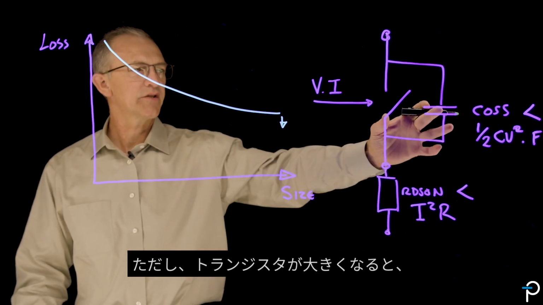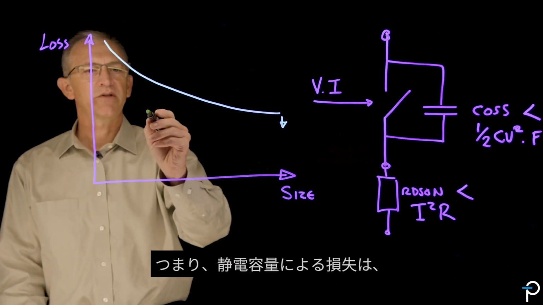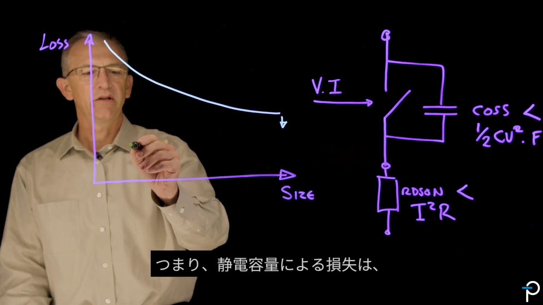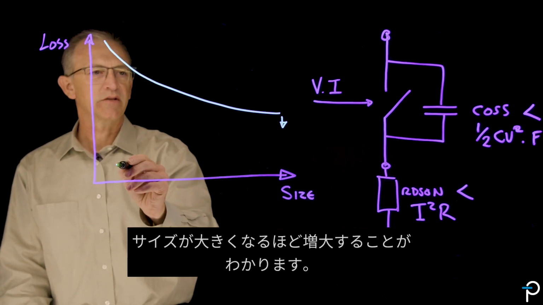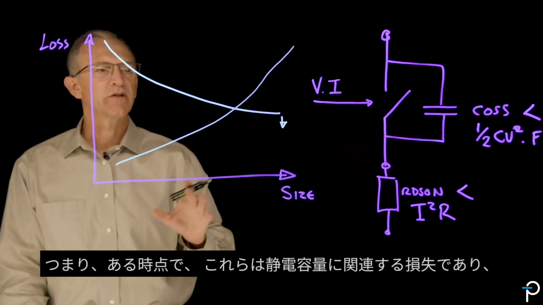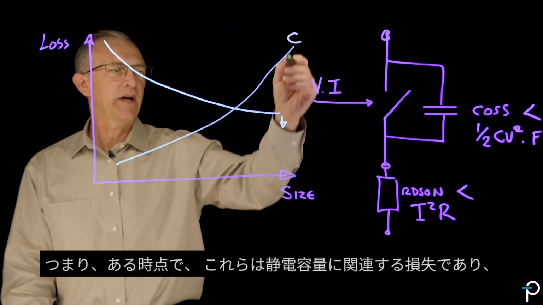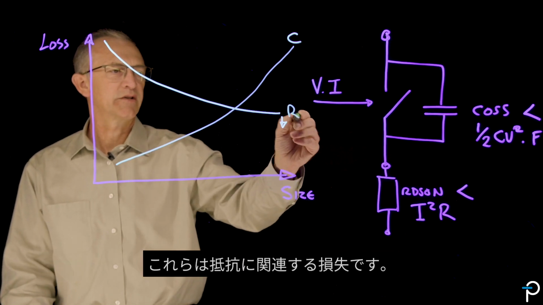However, as the transistor gets bigger, you have increased capacitance. So it turns out that the losses due to capacitance go up with size. So at some point these are capacitive related losses and these are resistive related losses.